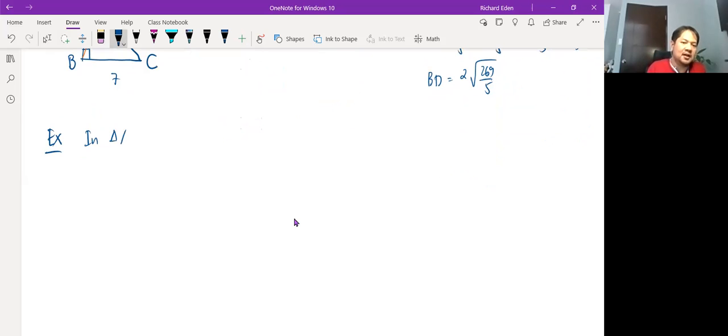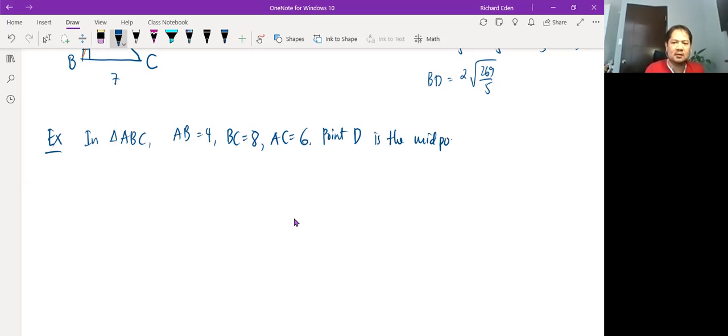AB equals 4, BC equals 8, and AC equals 6. Point D is the midpoint of BC.